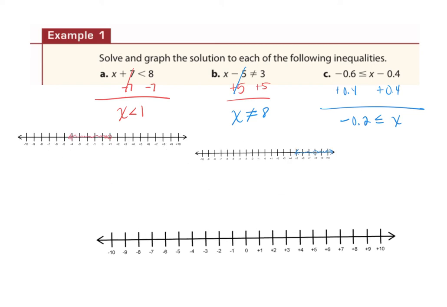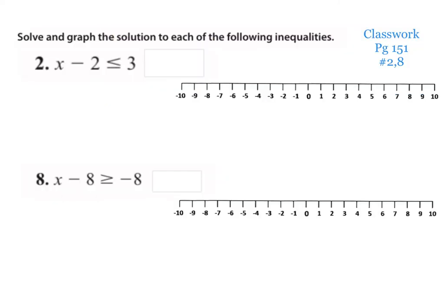We're not going to get a ruler out, but negative 0.2 is in between 0 and negative 1, so somewhere between 0 and negative 1, we're going to do a closed circle. Is x smaller or bigger than that? Yeah, x is larger than it, so we're going to go this way. When it's flipped like that and your number's on the left-hand side, pay attention. Just ask the question, is my variable bigger or smaller? I am always graphing my variable.